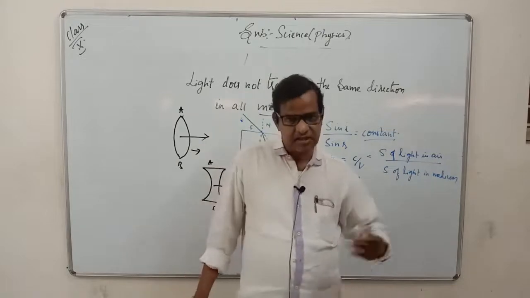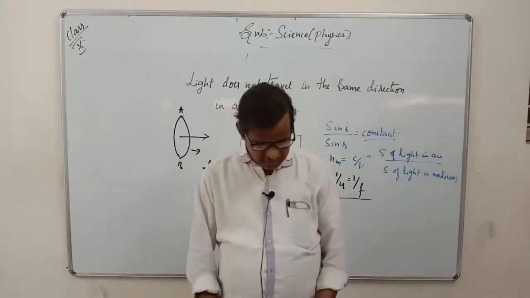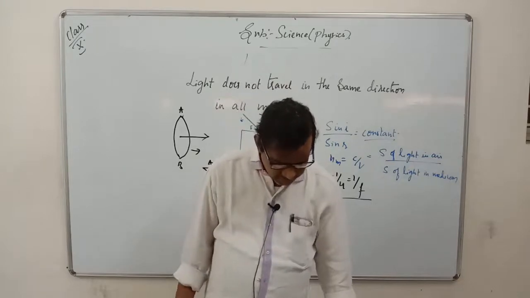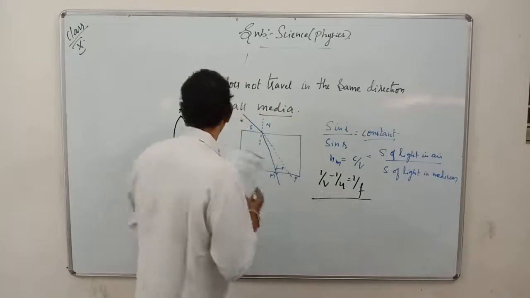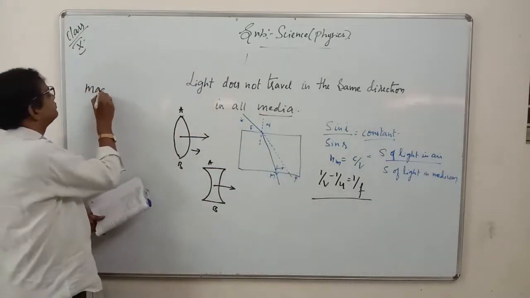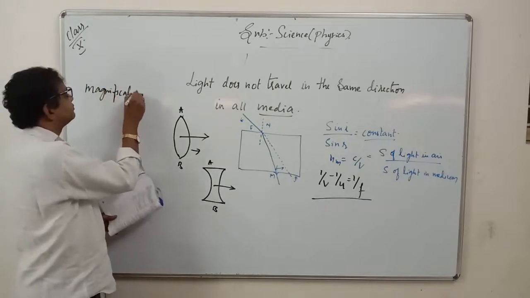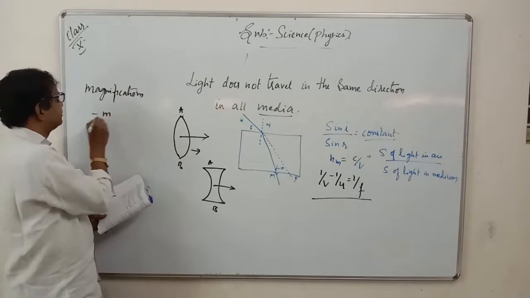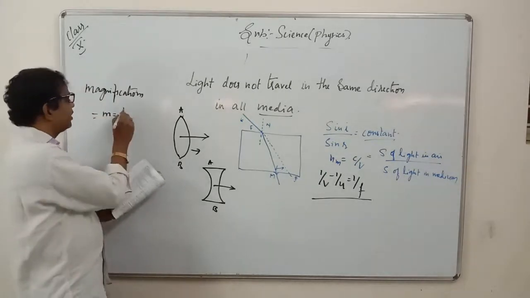And magnification, same thing. He has given magnification in lenses also. The same thing, h1 by h. Magnification m is given by h1 by h, which equals v by u.